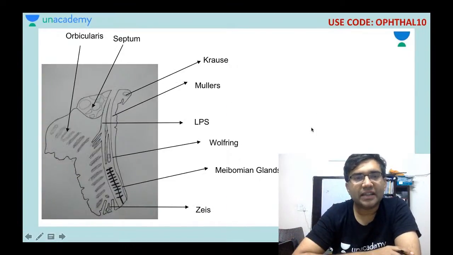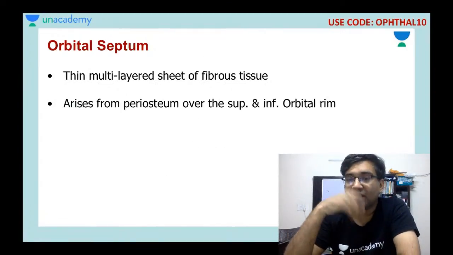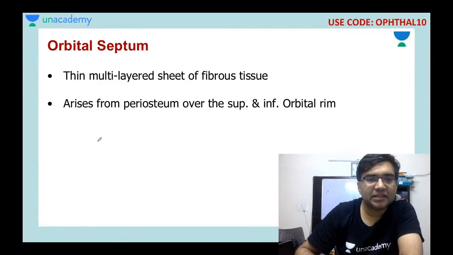Then I would tell you a bit more about the orbital septum. The orbital septum, which I told you is beneath your orbicularis oculi.